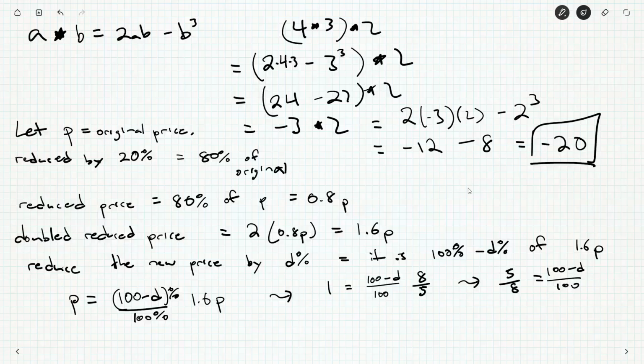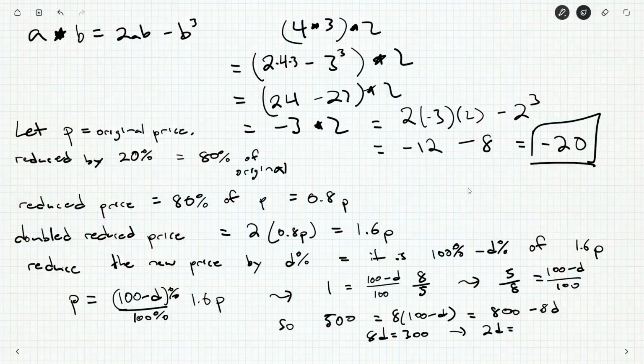I can multiply through on both sides by 8 times 100, or 800. So we'll get 500 is 8 times (100 minus D). So that's 800 minus 8D. And then we'll get 8D is equal to 300. Divide this by 4, we get 2D is 75.